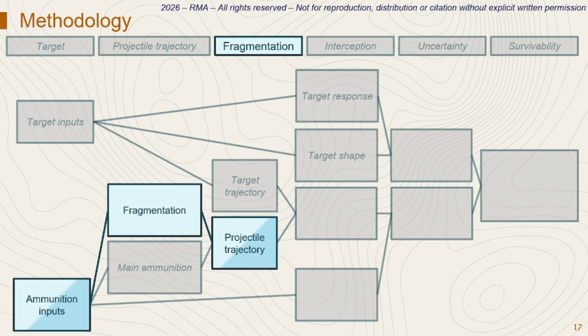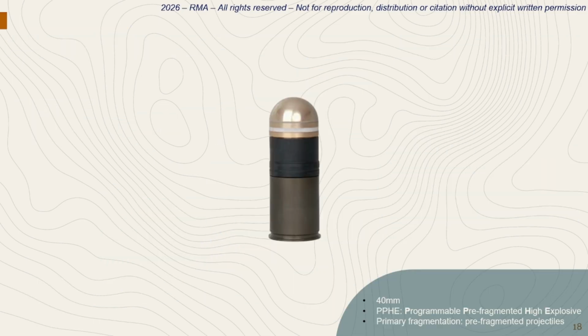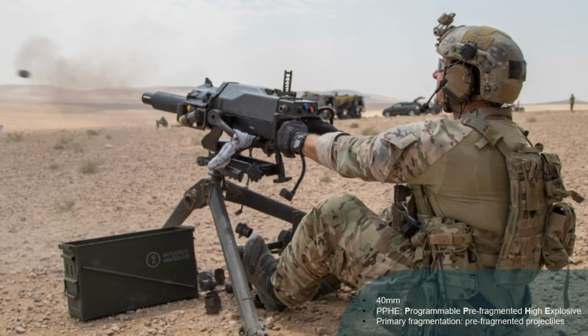If we dive a bit deeper into the fragmentation itself, if we consider a 40mm grenade, for example, that contains pre-fragmented projectiles or fragments, then this is a typical use case where this weapon system is manually operated by an operator. And as the name says, it consists of pre-fragmented projectiles, so the primary fragmentation really comes from those pre-fragmented projectiles.